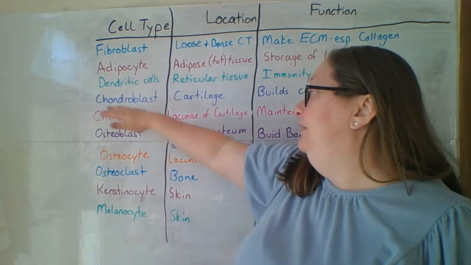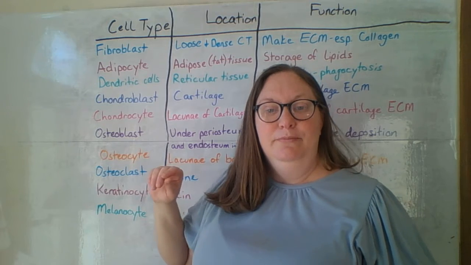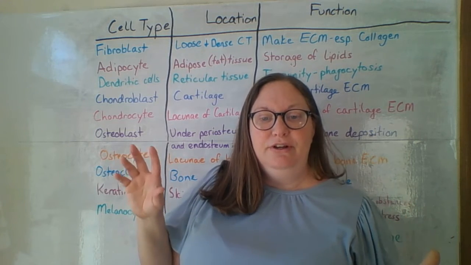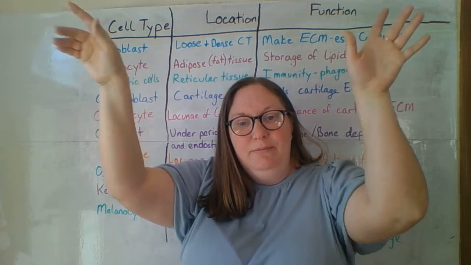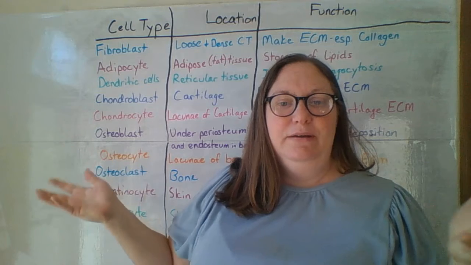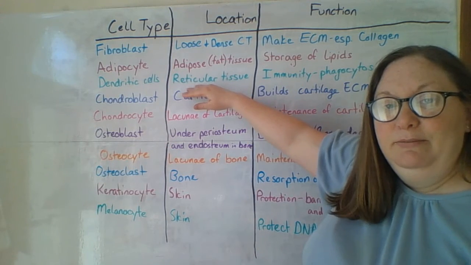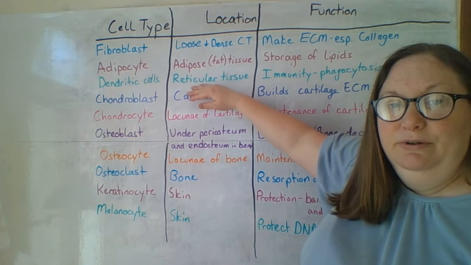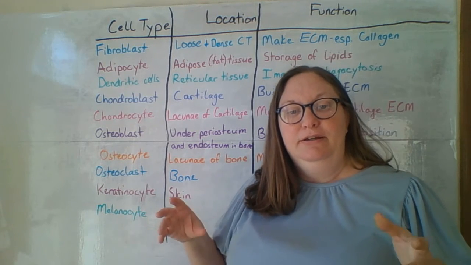Alright, so we also had dendritic cells. And remember, this is different from the dendrites on a neuron. These are dendritic cells. They have processes that come out, and so that's how they get their name. Where do we see them? In our class, we see them in reticular tissue, especially in lymph nodes and in the spleen.